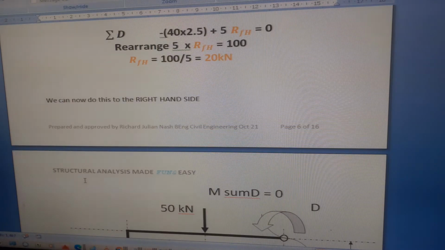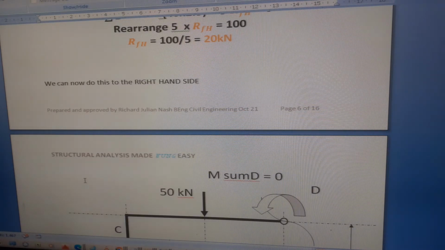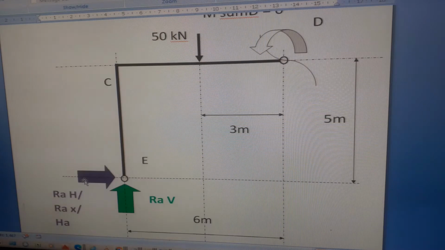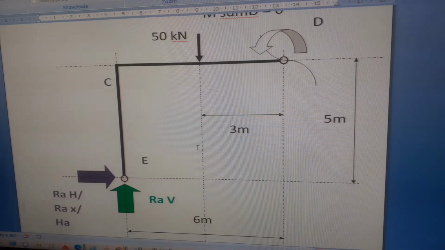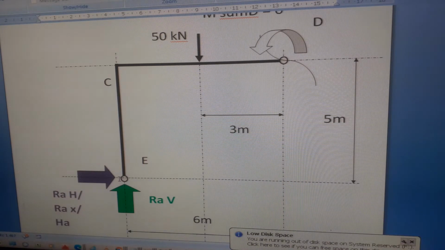Now we can do this on the left hand side. Here's the frame again. The sum of moments about D equals 0. So 50 kilonewtons times a 3 meter lever arm is positive because it creates an anti-clockwise moment. For this one, both the reactions are going to cause a moment, because there's a lever arm for both.